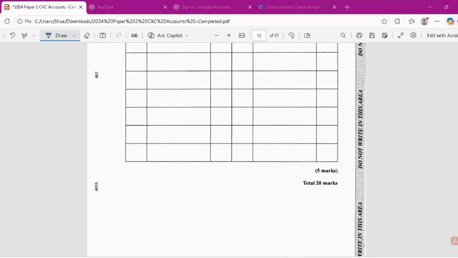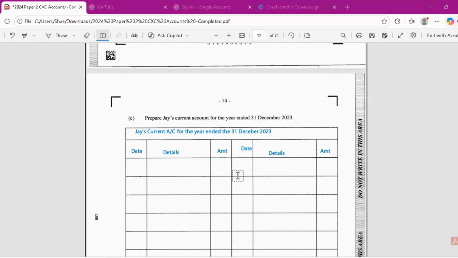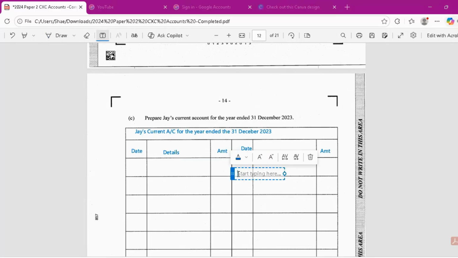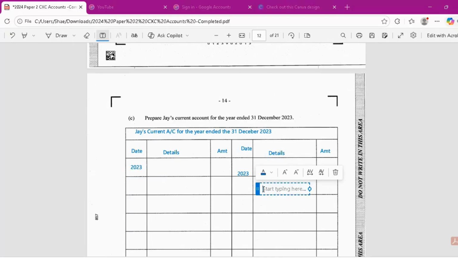Alright, so their balances would have indicated that, remember, we're only working with J, so J balance BD 2023 here. J balance BD was on the credit side. How do we know that? Let's look back.